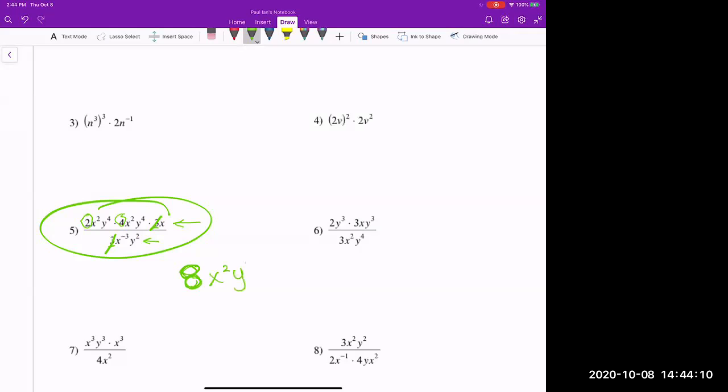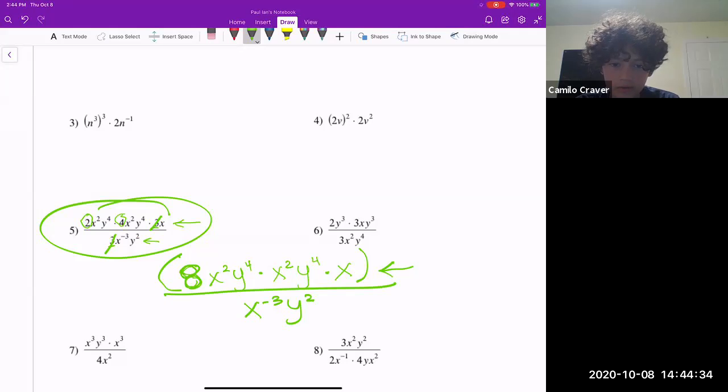Let me just rewrite this first. x squared y to the 4th, x, and then x minus 3 y squared. All right, what do I do first? When you have something like this, it's like there's a parentheses up here. So what do you do first? For the 8x with the 2, do 2 minus 3.